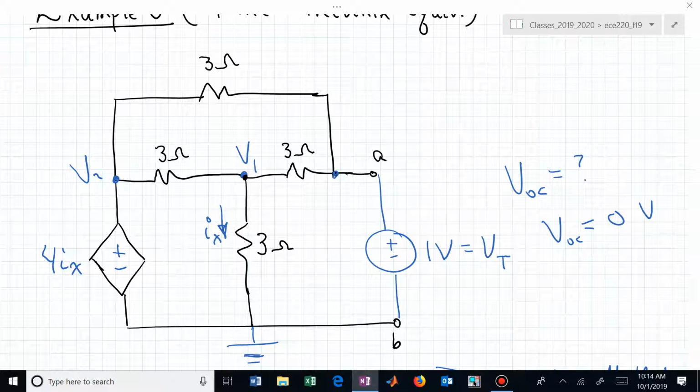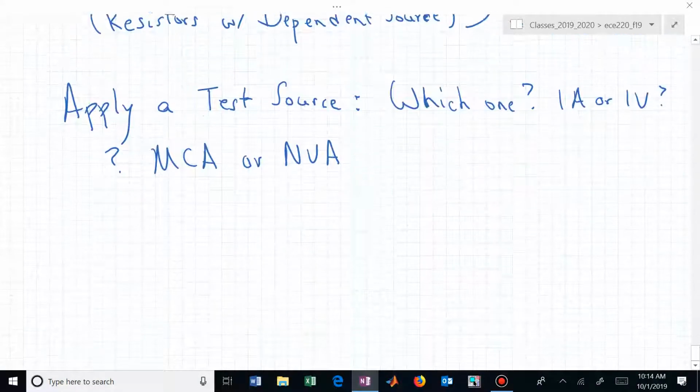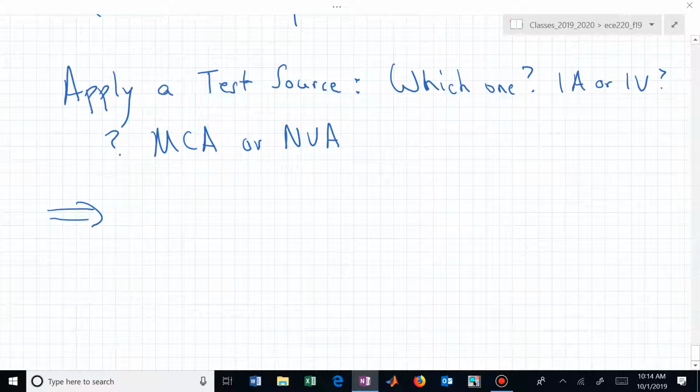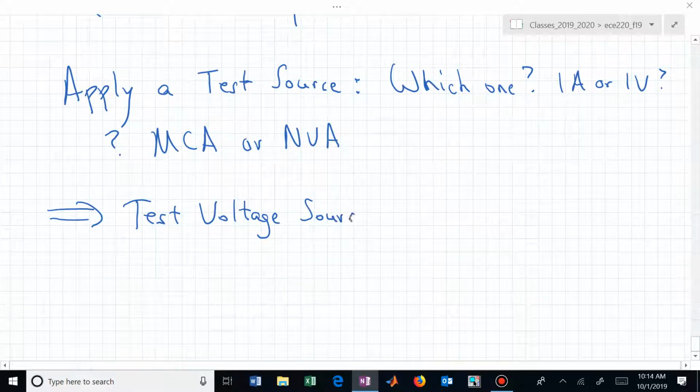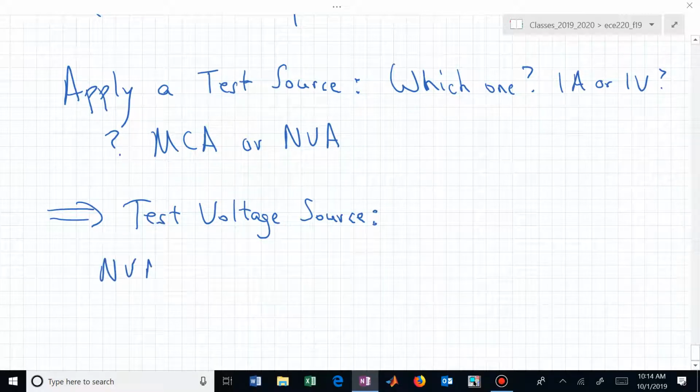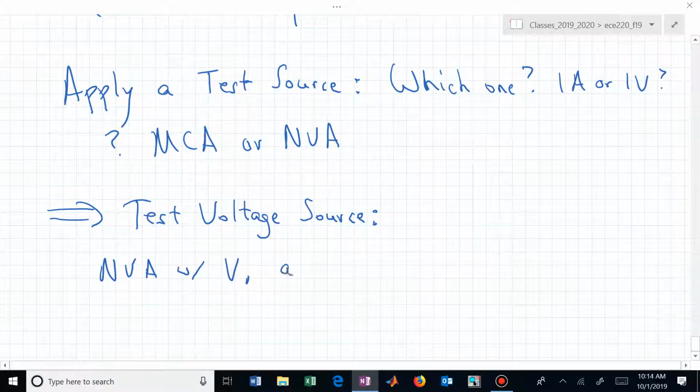We can work with one unknown and one constraint equation. So let's now apply this test voltage. We just said we are going to do node voltage analysis with V1 and one constraint equation.